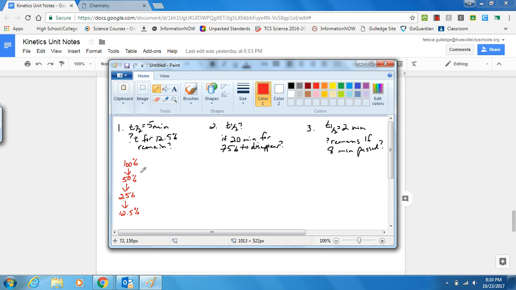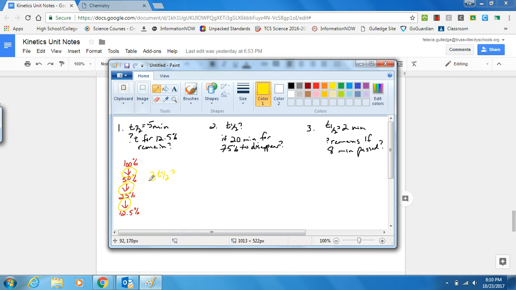You're breaking it down, cutting in half, cutting in half, cutting in half. Now, some people like to say, oh, well, that's 1, 2, 3, 4. That's not 4 half-lives. The half-lives that I count are the transitions. So this is 1 half-life, 2 half-lives, 3 half-lives have taken place.